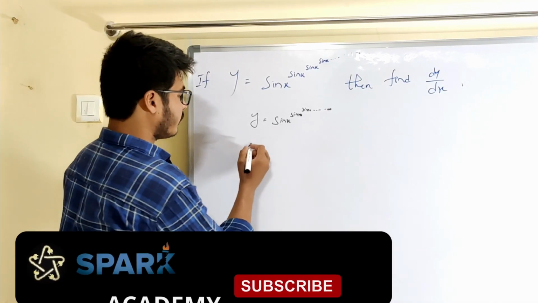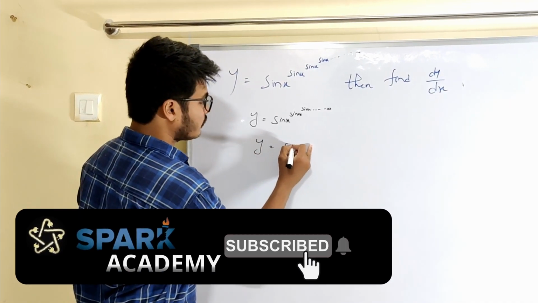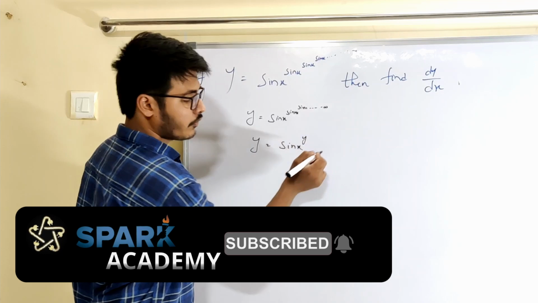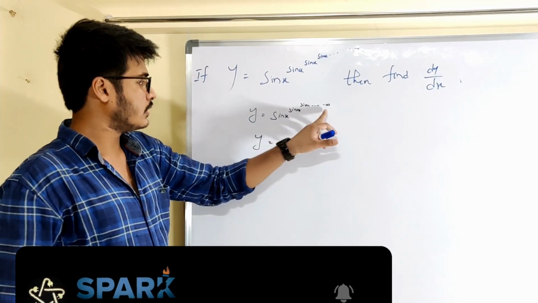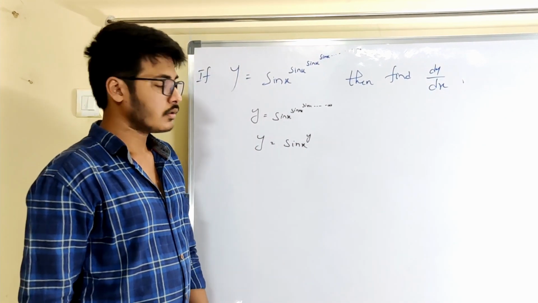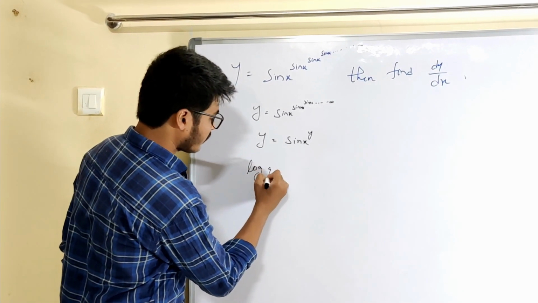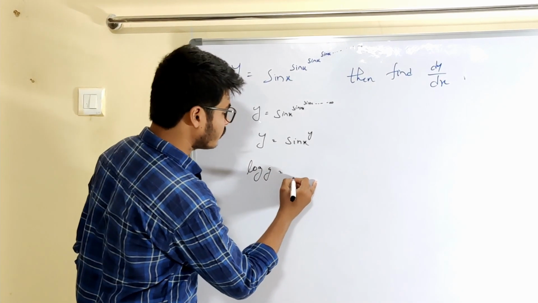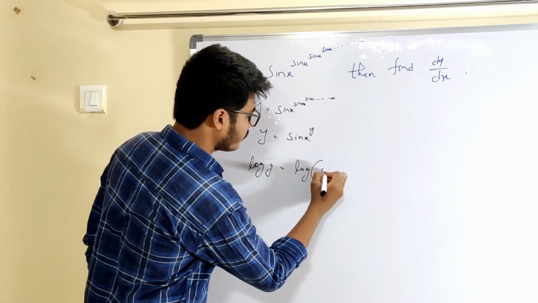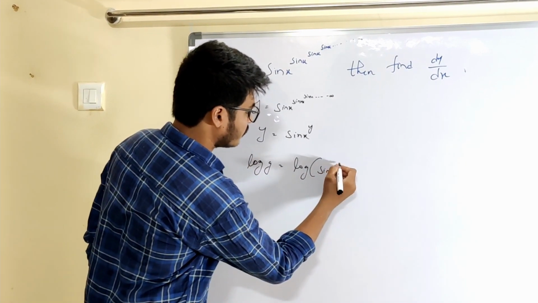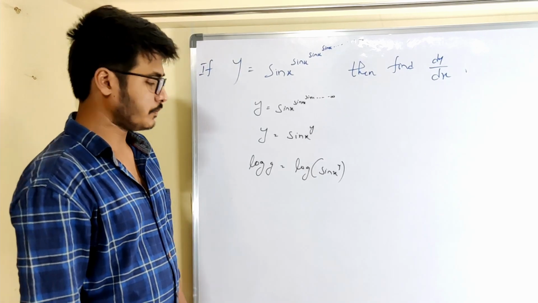Here we can write y is equal to (sin x) to the power of y, since this is similar to this. So now we take log on both sides. Here log y is equal to log of (sin x) to the power of y.